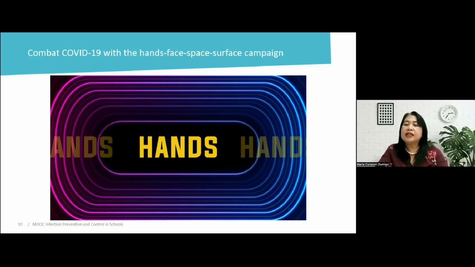One of DepEd's campaigns for IPC to combat COVID-19 in particular is the Hands, Face, Surface campaign. Let's watch the jingle and take note of the measures. We will tackle this further in this course.